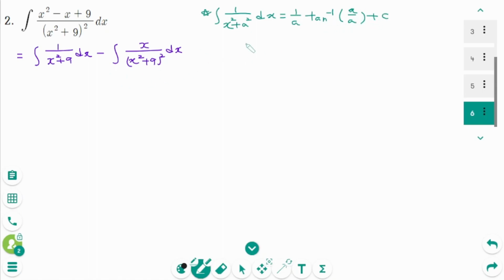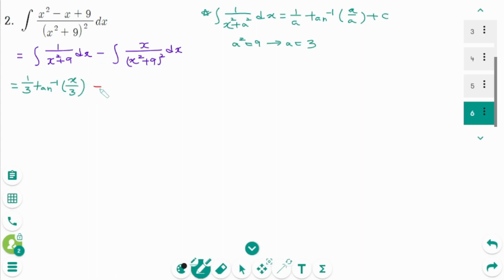In here, a squared is 9. That means a is 3. The first one is 1 over a, which is 1 over 3, arctangent of x over 3.